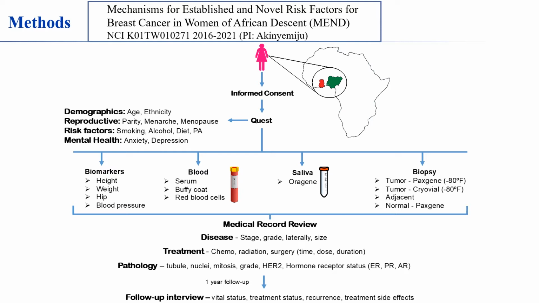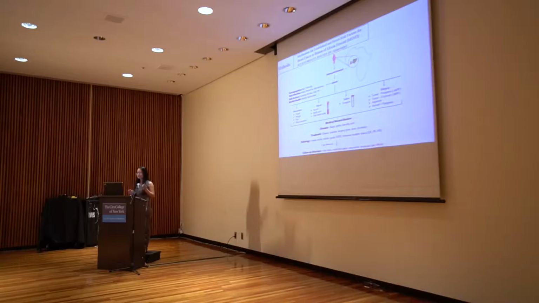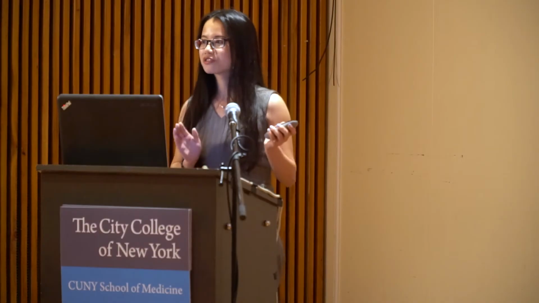We also try to get samples like blood samples, saliva samples, and biopsy tissues from our participants. After 1 or 2 years of enrollment, we do follow-up interviews, which include their vital status, their recurrence, and their treatment.